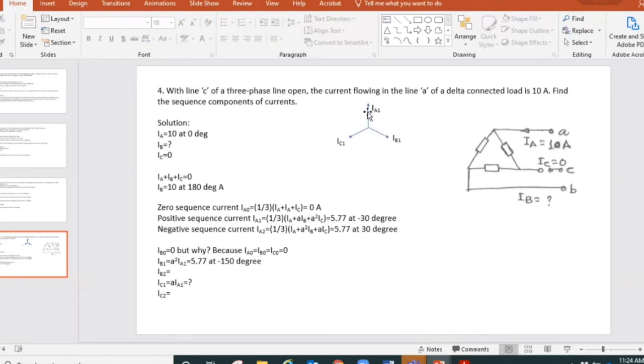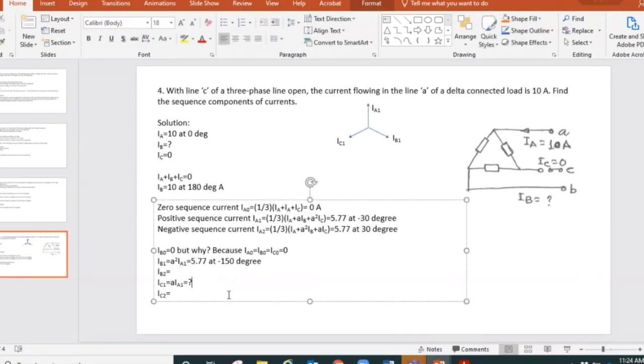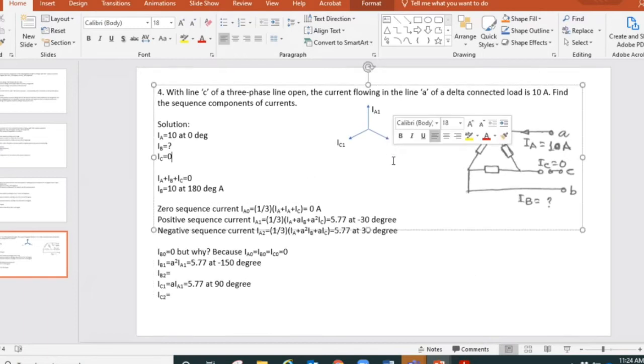Sir, I got 5.77 at an angle of positive 90 degrees. That is correct.